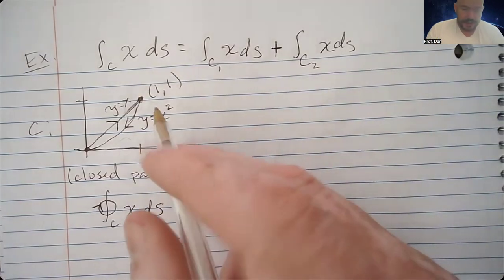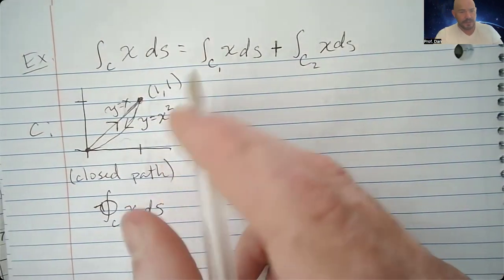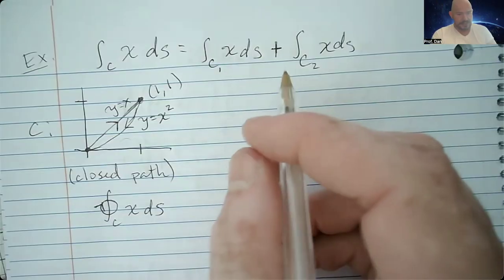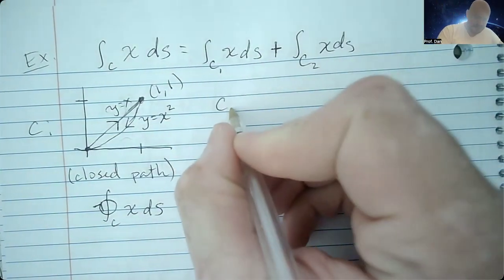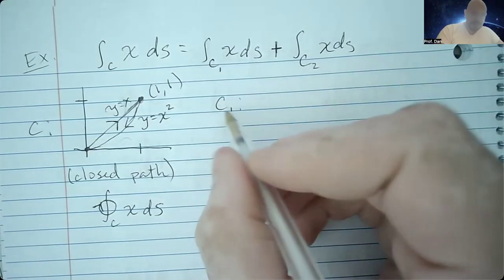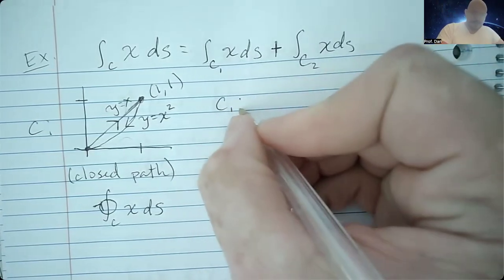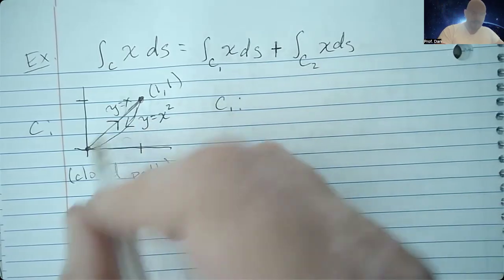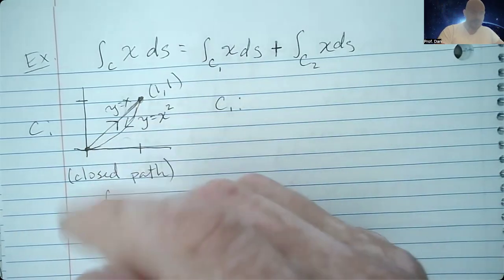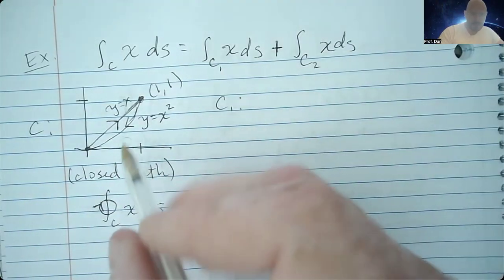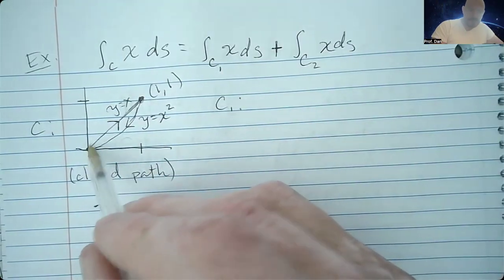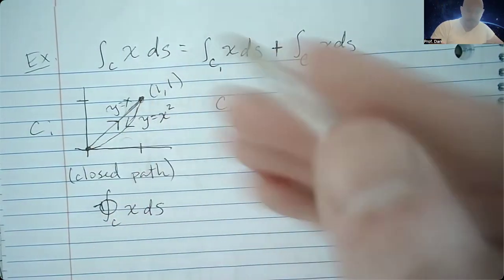Okay, so anyway, I can split this into two different paths. When I do that, I would need to parameterize each one separately. So for C1, I could write parametric equations like I'm doing for a line. My x and y are going from (0, 0) to (1, 1).